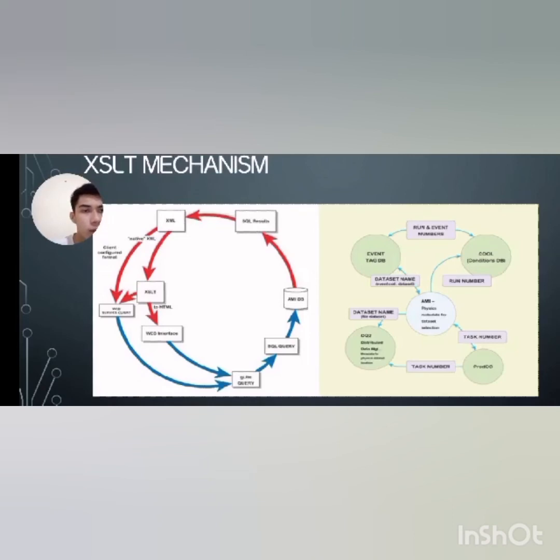Metadata for physical dataset location. AMI. Basic metadata for dataset selection. Call condition DB. Run number, tax number, and product DB.